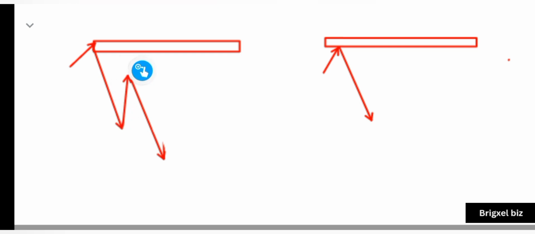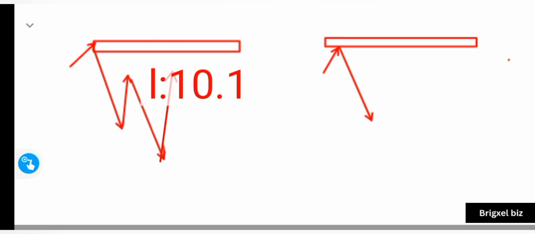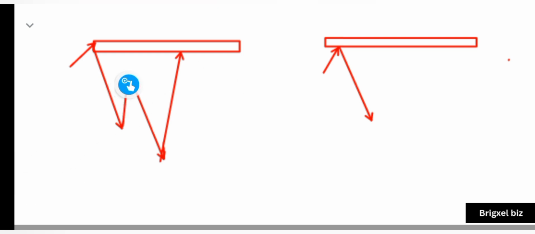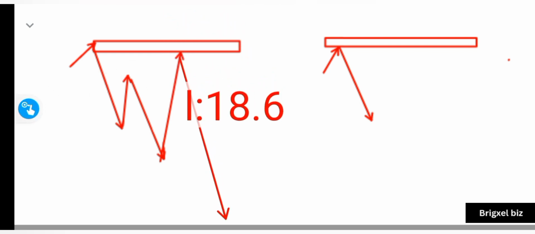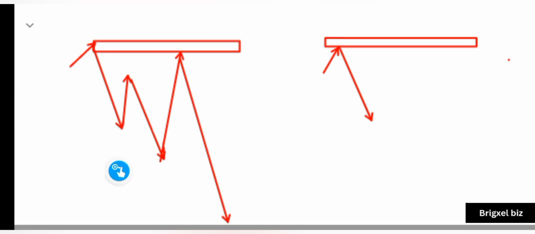Most times the market will move like this and come back again. The market would come back to the zone, and notice the liquidity here has been swept. So when the market comes here, the next move would be for the market to break out in this direction. This would be the pattern to expect in a bearish situation.